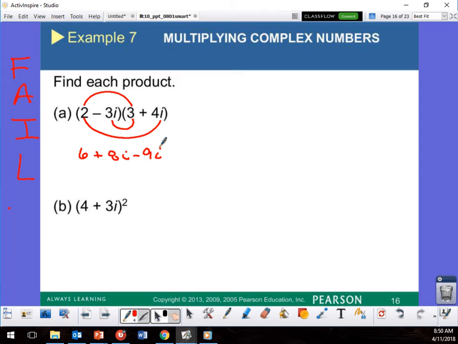I'm still doing it. I know. The first two times 3 gave me 6. All the way across, 2 times positive 4i, positive 8i. The inner two, negative 9i, and my last two, negative 12i squared.